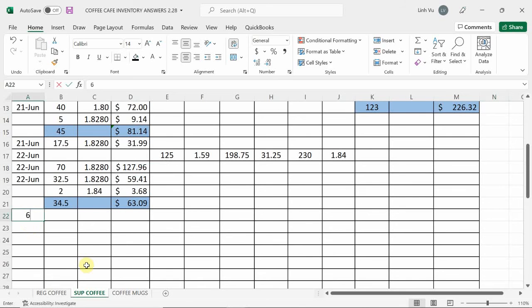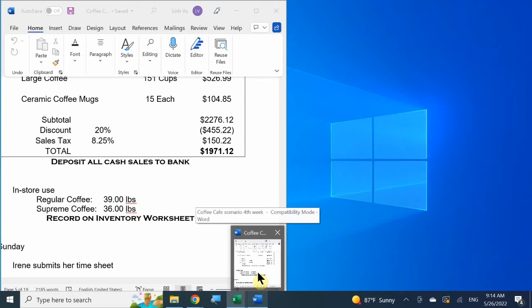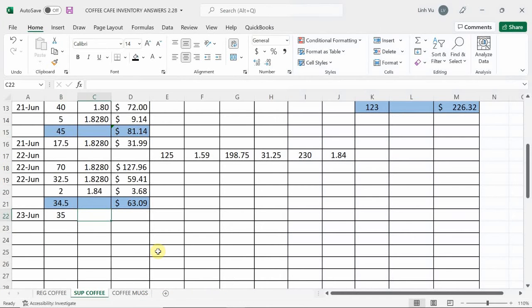And then for the Supreme coffee, I think we used 36, right? Let's take a look. We used 36 pounds of the Supreme coffee.